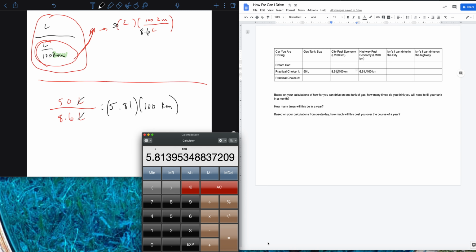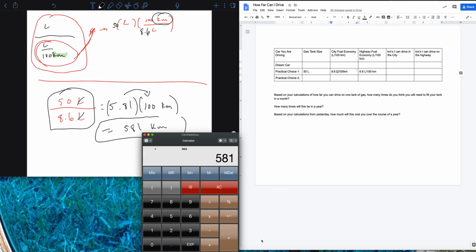I still have the units in the numerator there. So you take your answer from dividing, and all you have to do now is multiply it by that. It's going to be 581 kilometers, right? If I take 5.81 and multiply it by 100, it's 581. That's how far you can drive in the city.